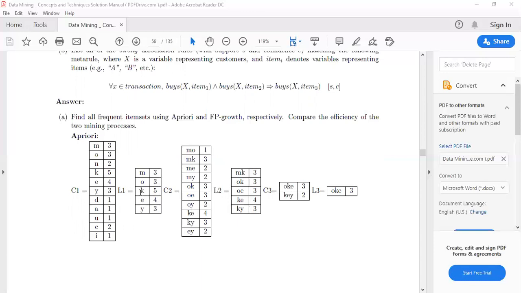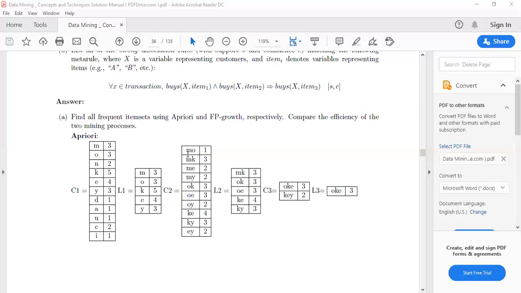Similarly KE and KY, then EY. We cannot go for YM because MY is already there, so it is a repetition and we stop here. Like that we combine two items.